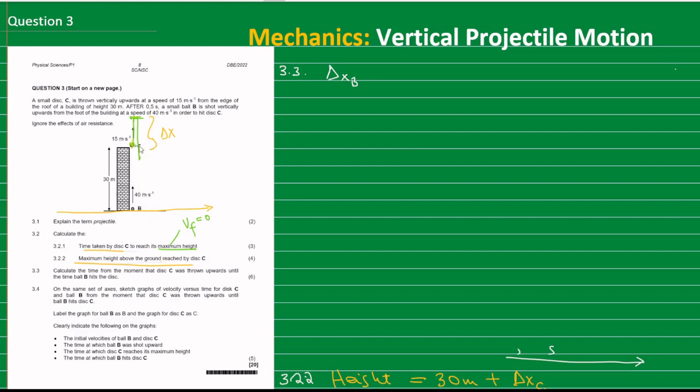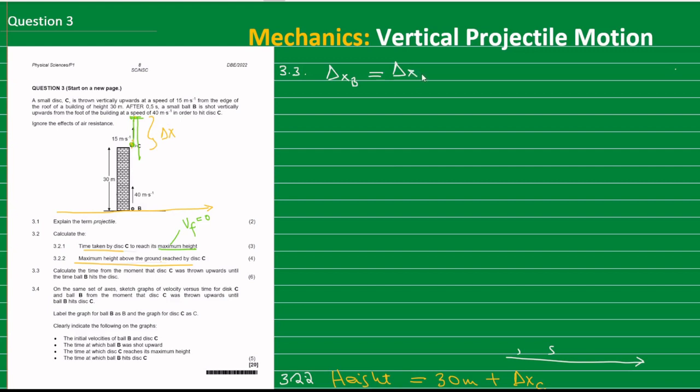So ball C and ball B will be at the same height for ball B to be able to hit ball C. Taking the ground as my reference point, when ball B increases its position upward, that displacement should be equal to the displacement of disk C.